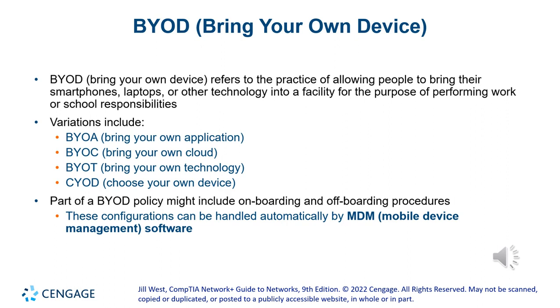The onboarding procedures might posture that device and check what Windows you have, what antivirus, and what browser is the latest version. Anything that you want to make sure is on that computer, enabled and updated, you can check before you do the onboarding. And you might even have to install an application to control that computer or to monitor those things.